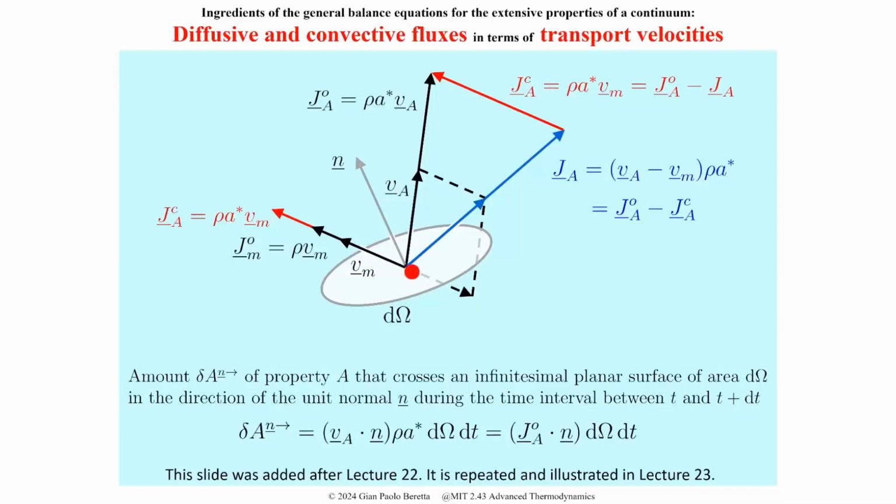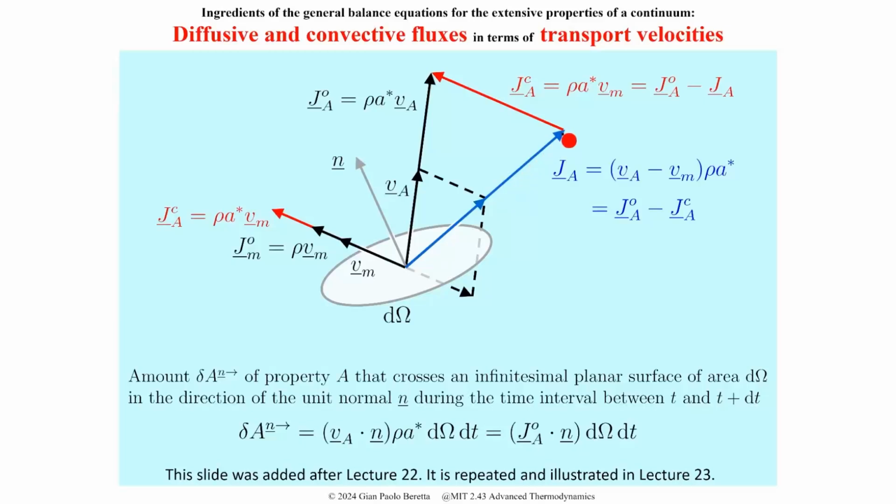So the difference you compute, since these are vectors, this way, you know, like the typical vector construction. So this blue vector is the difference between the two. It's the relative velocity. It's the velocity of transport of property A relative to the barycentric velocity. And then you multiply by the same factor that goes between the short and the long vector here, so the density of property A, and that gives you the diffusive flux of property A.